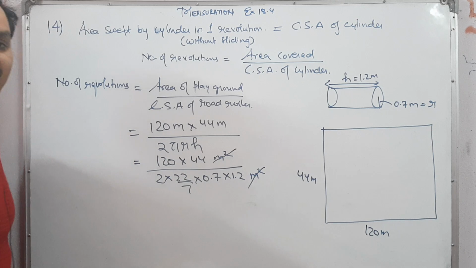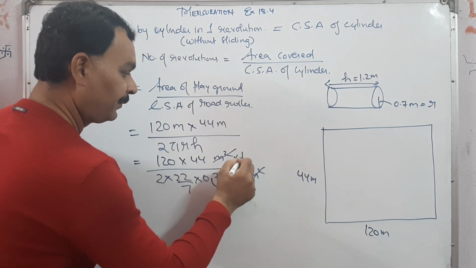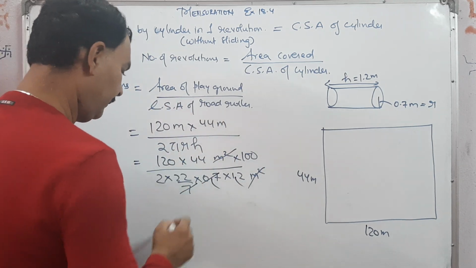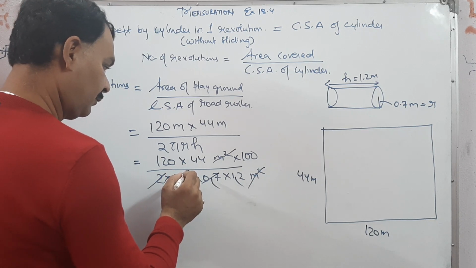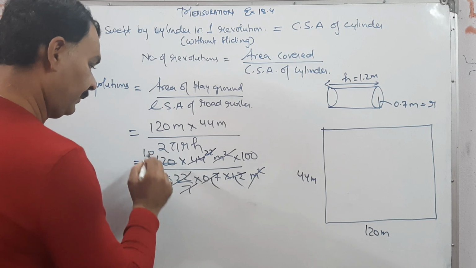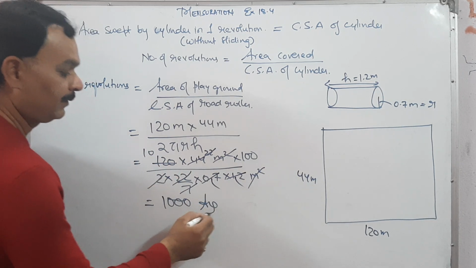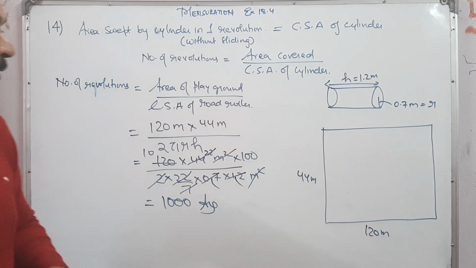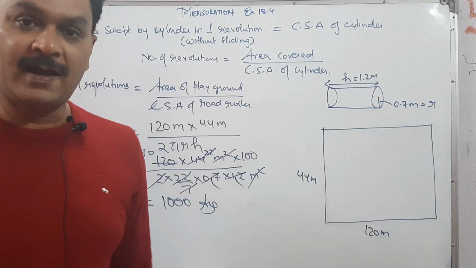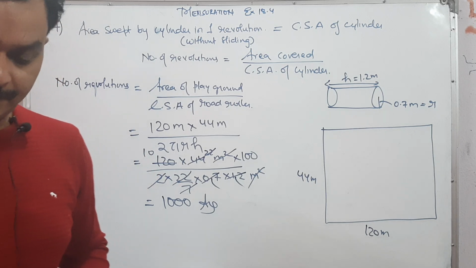Meter square will be cancelled out. Now if I remove these 2 points, now 7, okay, 2, 22, 22, 22, 12, 10. That is 10 into 100, 1000 revolutions has to be made. So as to level this playground, this road roller has to revolve 1000 times.